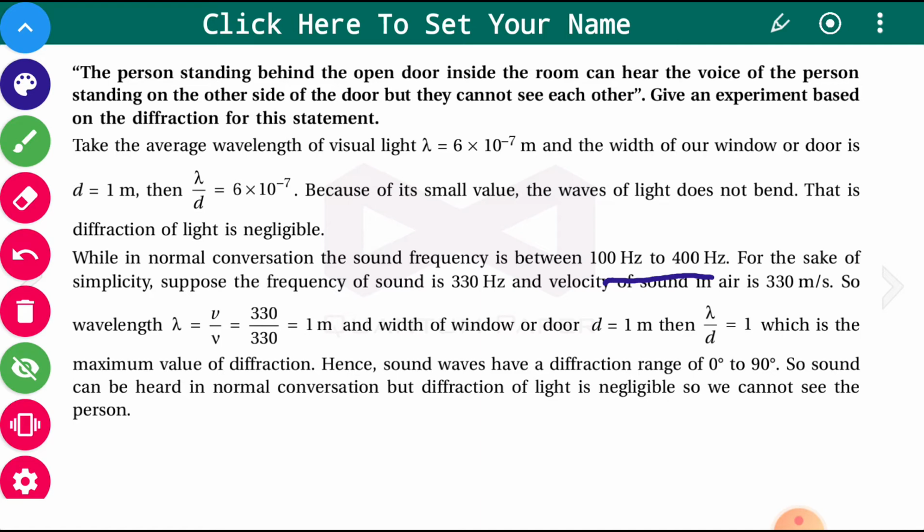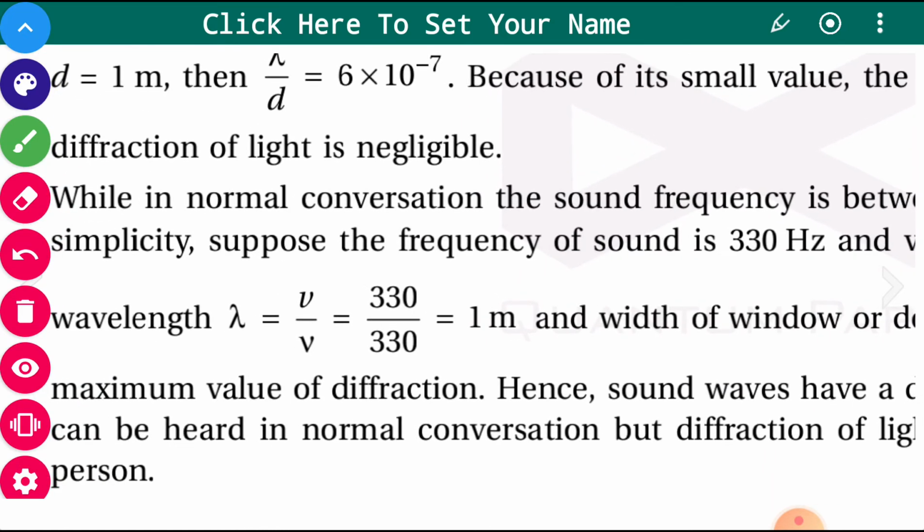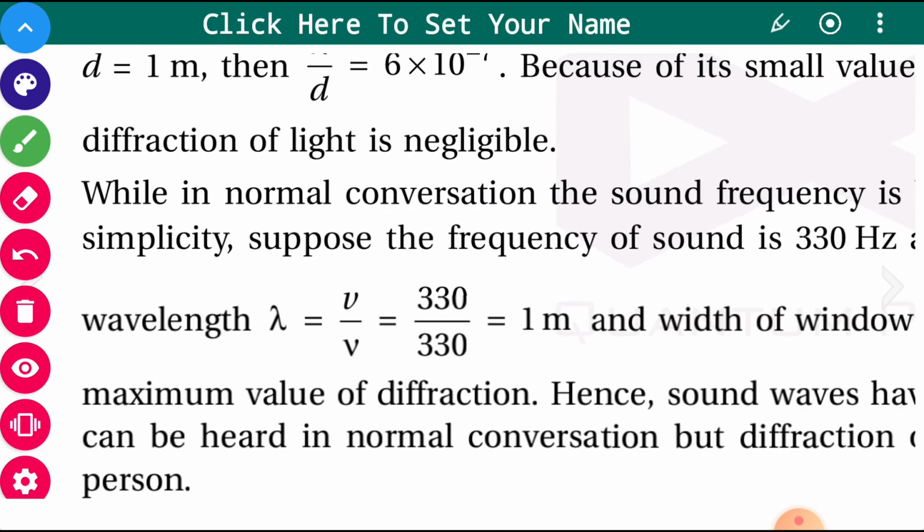For the sake of simplicity, suppose the frequency of the sound wave is 330 Hz, and velocity is 330 meter per second. Now lambda, that is the wavelength of the person's voice, can be found to be about 1 meter.